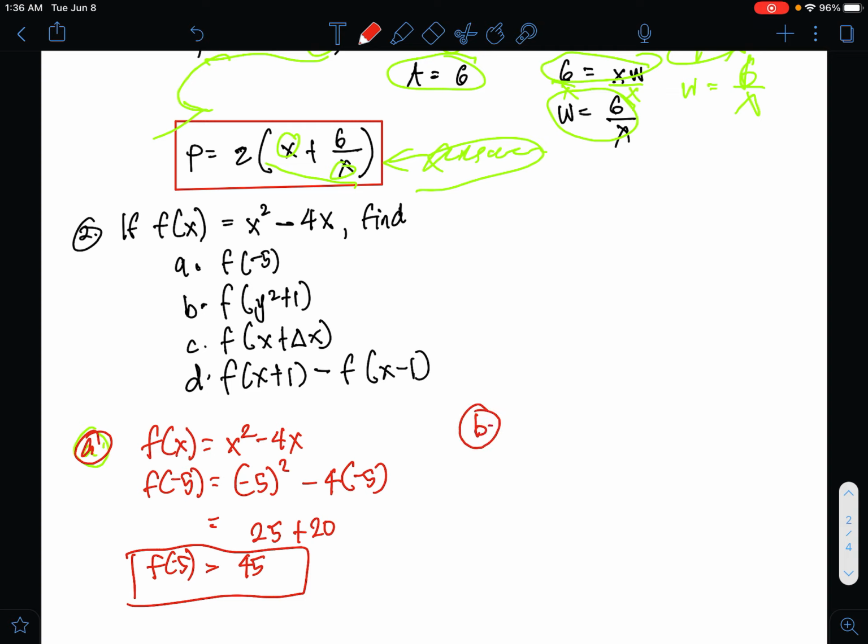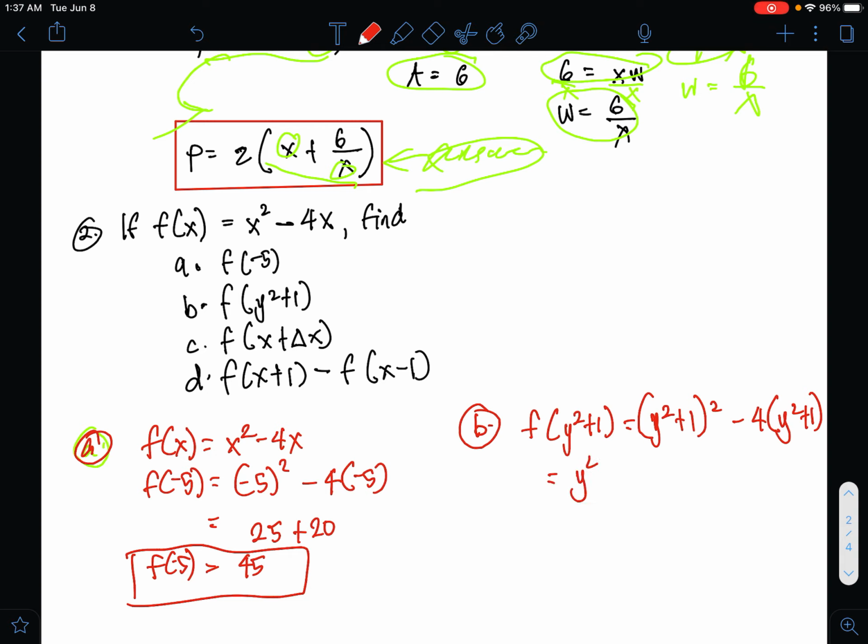For letter B, f of y squared plus 1. So x becomes y squared plus 1. Therefore, this is y squared plus 1, squared, minus 4 times y squared plus 1. We can expand it.